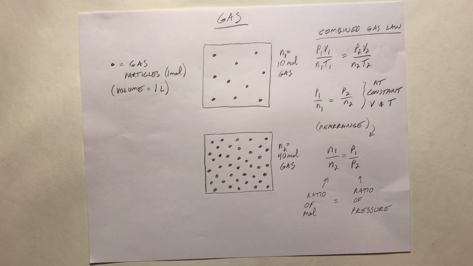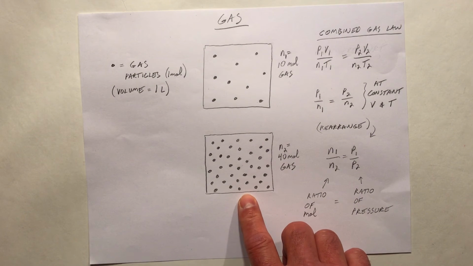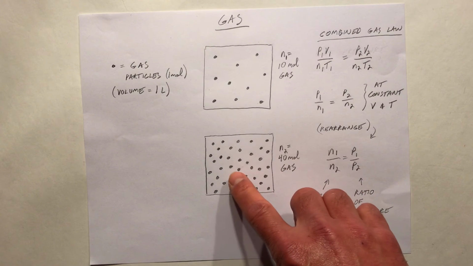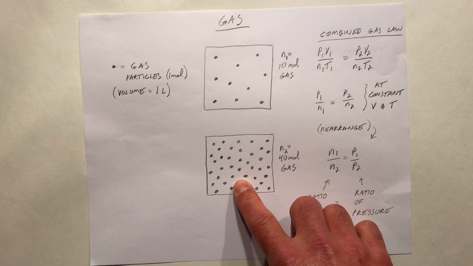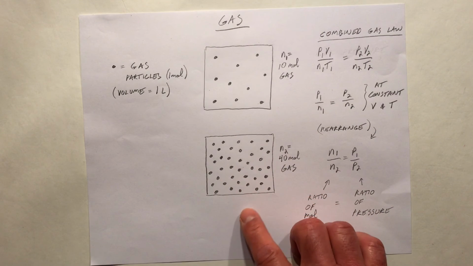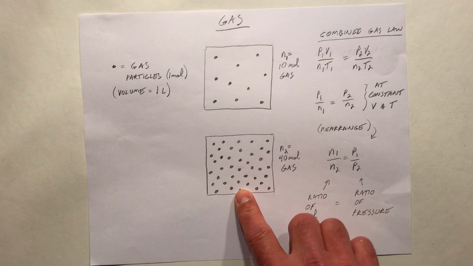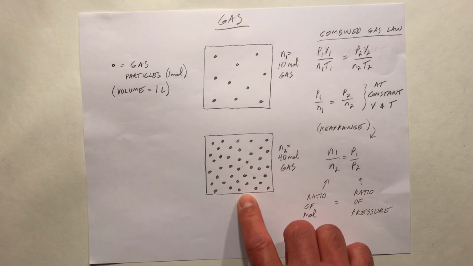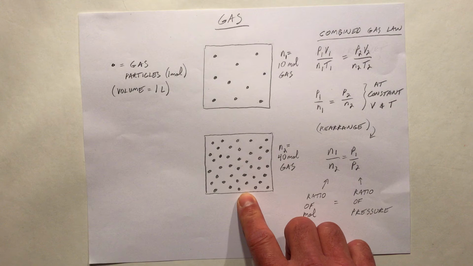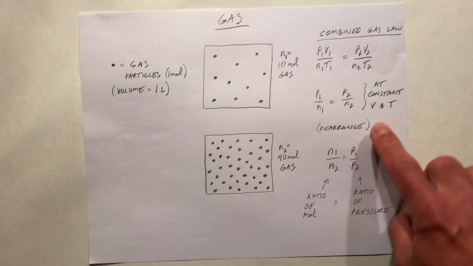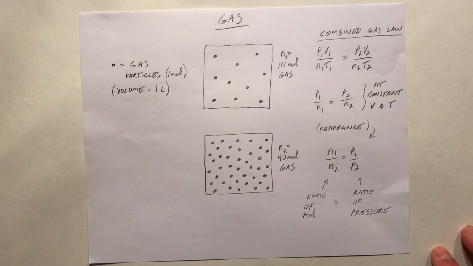Now, not only would the collisions with the side of the container be 4 times bigger, if we were to introduce a chemical into this gas to react, the number of collisions between these particles and that chemical would also be 4 times greater, just because we have 4 times the amount of particles within the same volume at the same temperature.